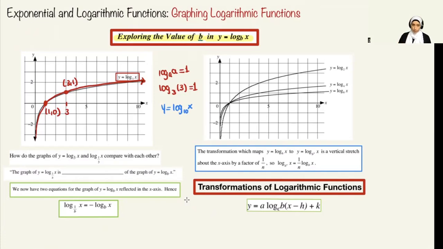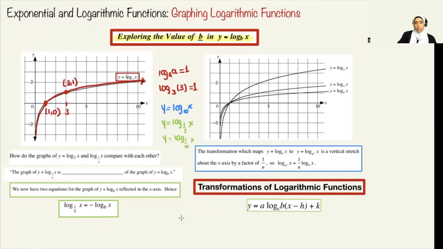What point it would intersect, and then we also want to look at, let's do it in a different color, y is equal to log base 1 over 3 of x, and then we want to look at y is equal to log base 1 over 10 of x, okay?